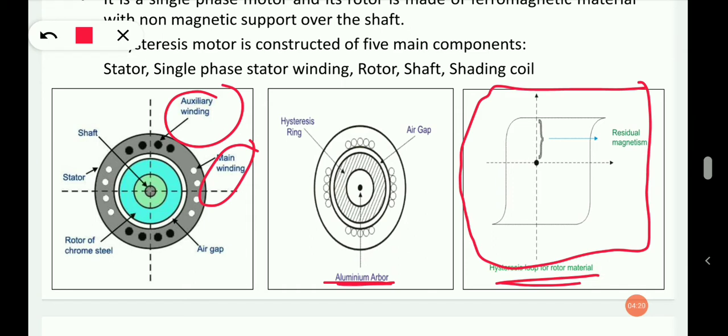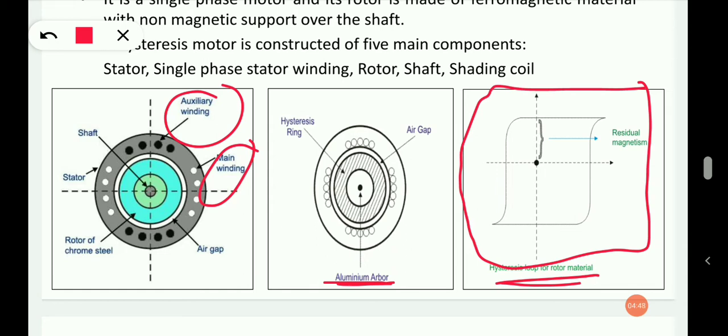That is what the magnetic cylindrical portion of the rotor is assembled over shaft through the arbor of non-magnetic material like brass. Rotor is provided with high resistance to reduce eddy current loss.